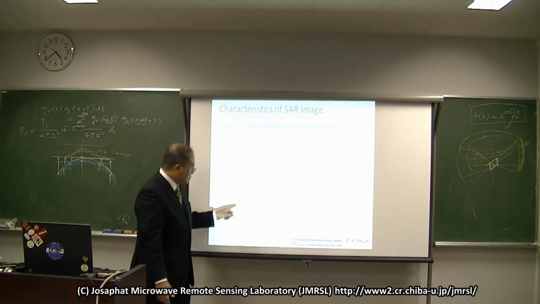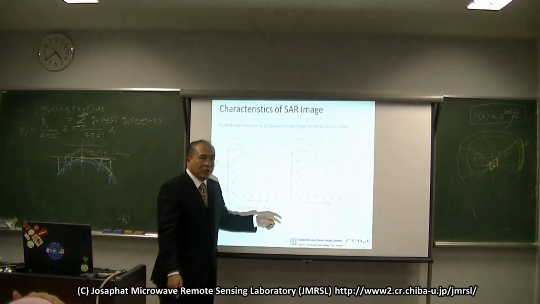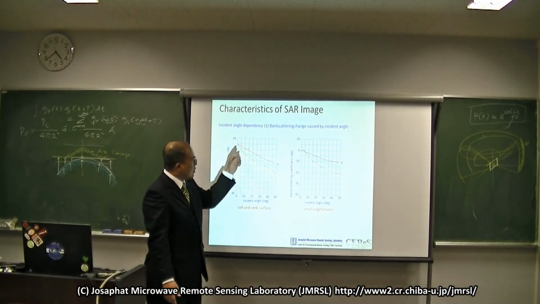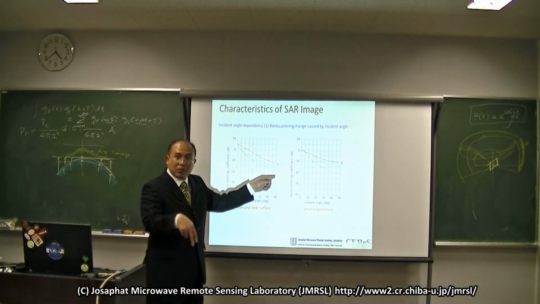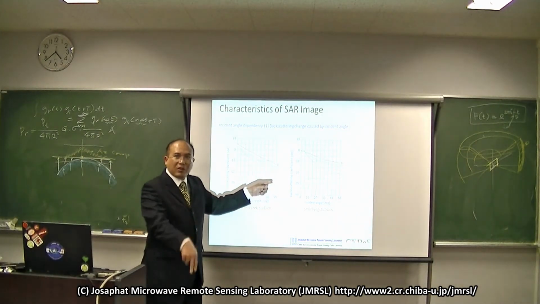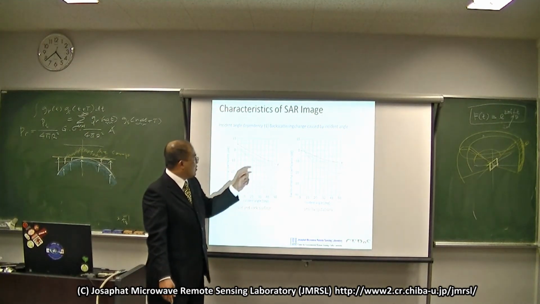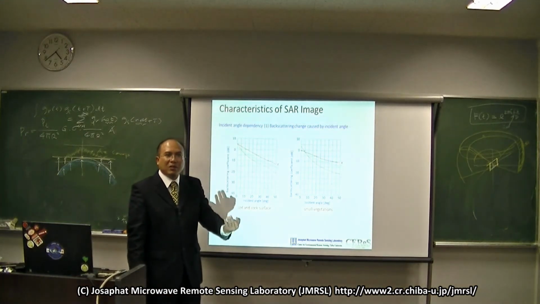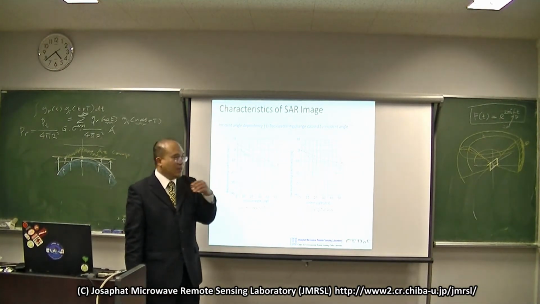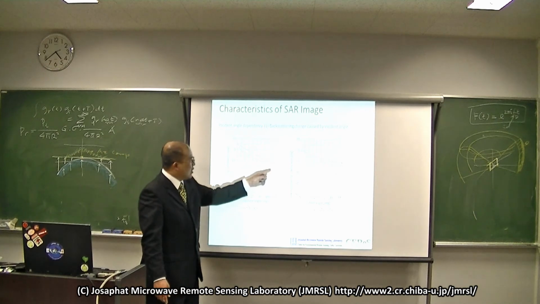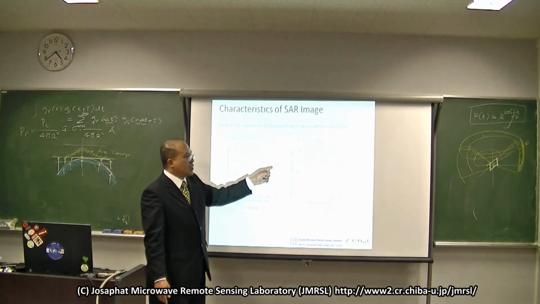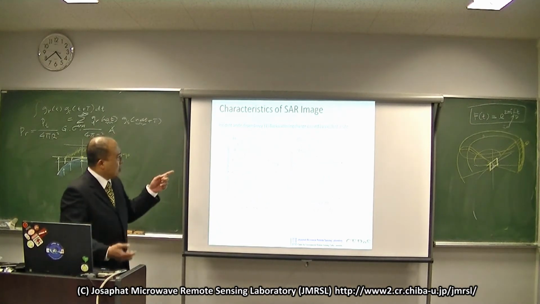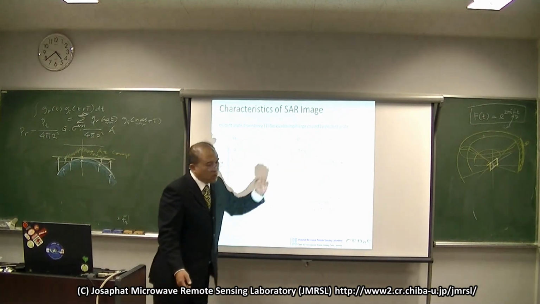If we want to observe soil, rock, or small vegetation, the characteristics are almost the same. L-band can penetrate, but because it penetrates more, the scattering response is low. C-band and X-band are higher because scattering is very easy. Here they're almost the same for L, C and X.